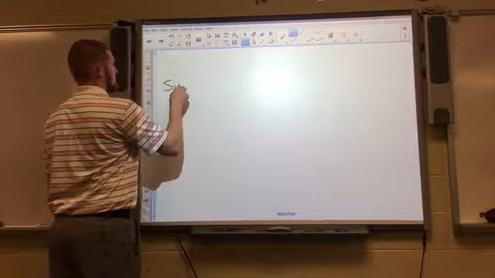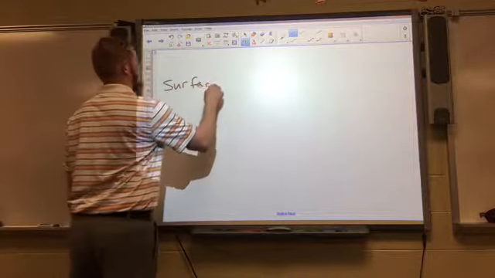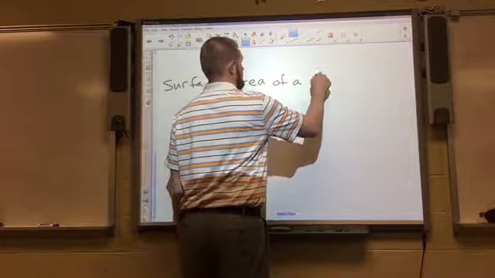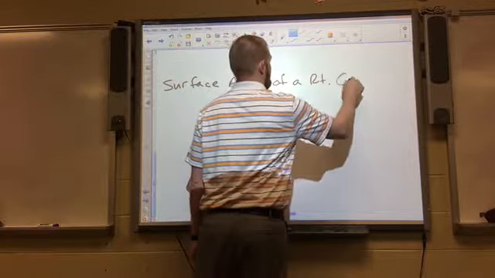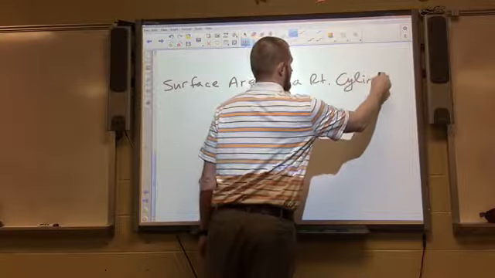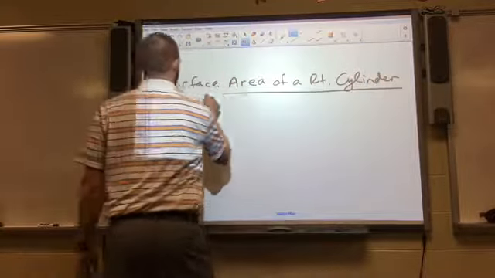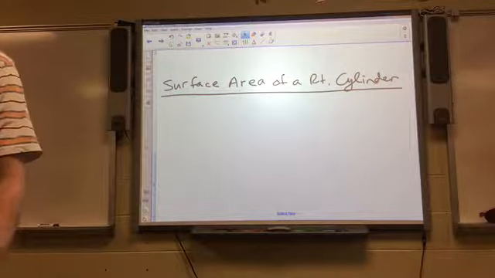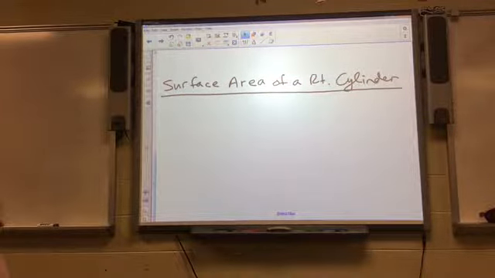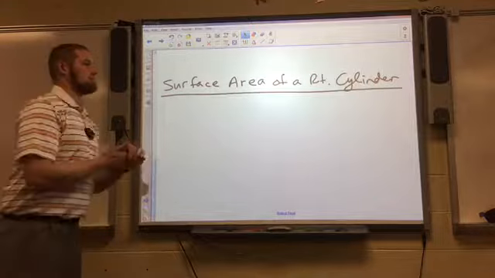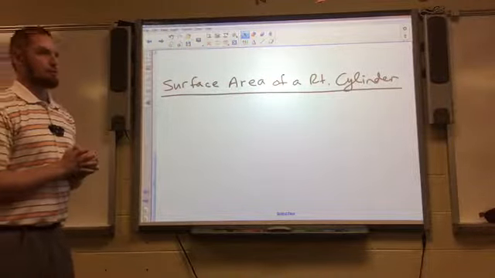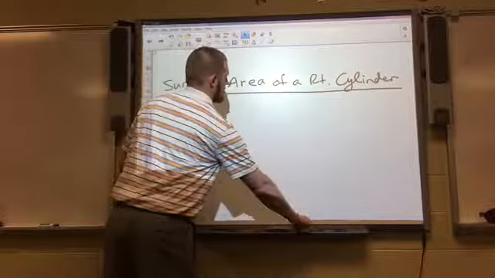Surface area of a right cylinder. They just change it up just a little bit.